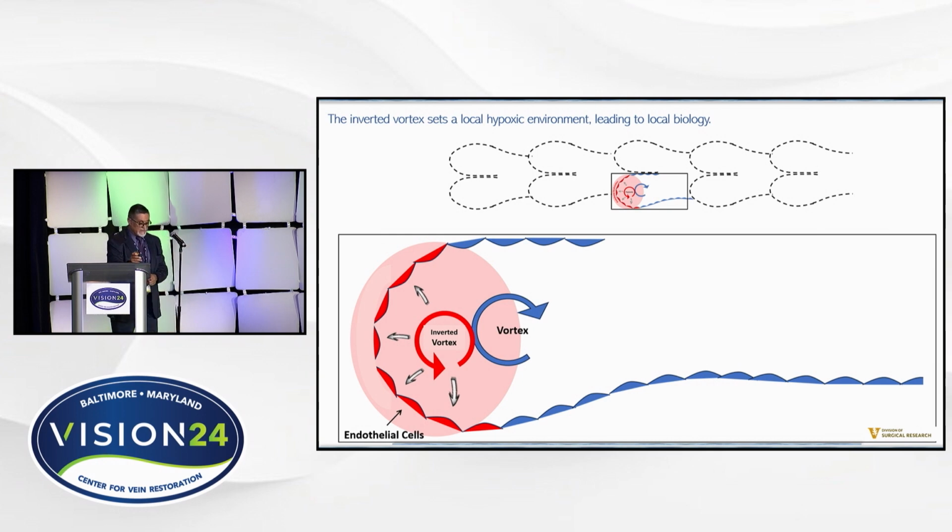We can easily understand that the oxygen level in those red blood cells is already low. And if blood is trapped in an inverted vortex, the nutrition for that particular area is very low.